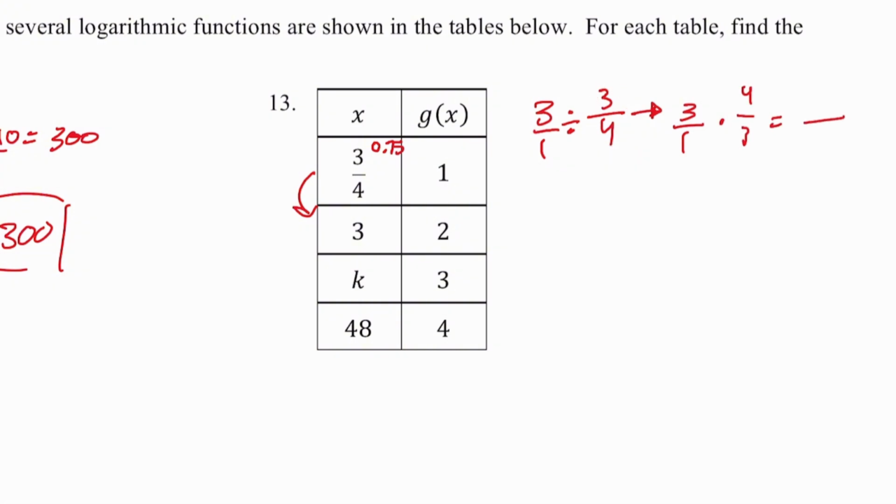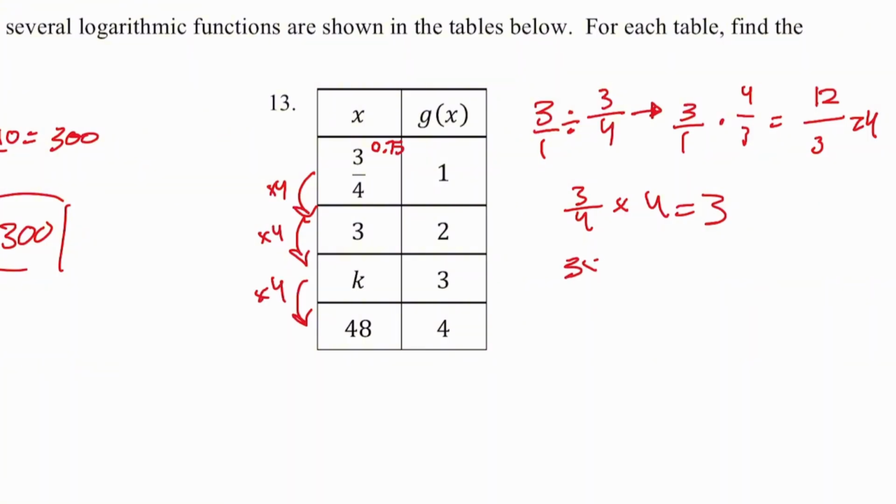That equals 12 over 3, which gives us 4. So that means 3 over 4 times 4 is going to give us 3. That means we multiply by 4, and everything else is multiplied by 4 because it's a log graph. So 3 times 4 is going to give us 12. So k is equal to 12.